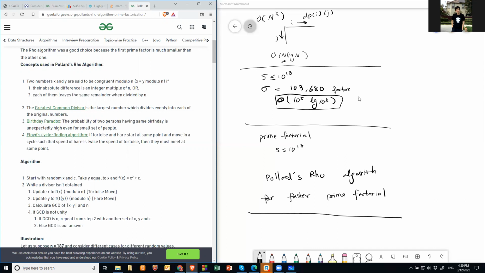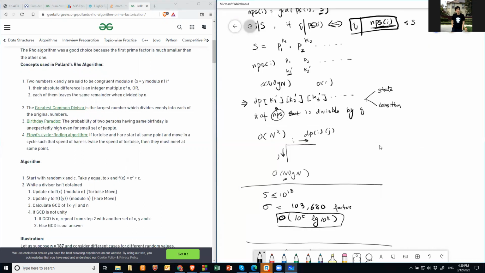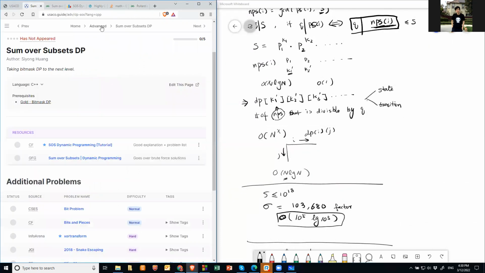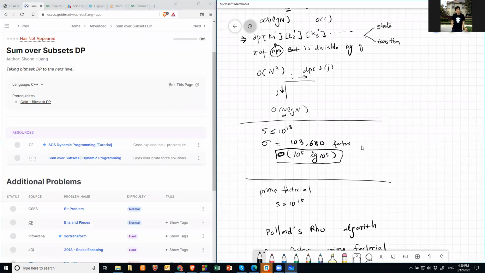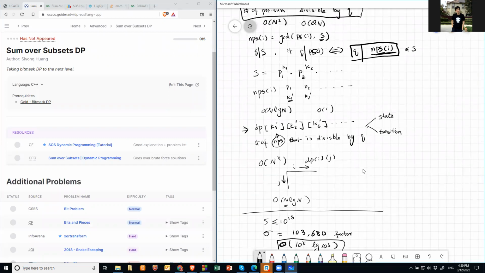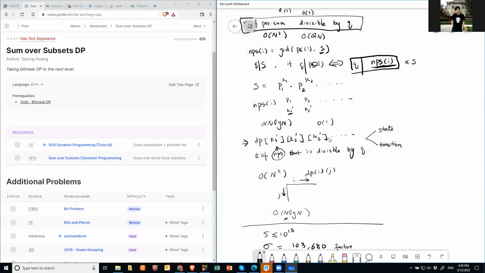So that's the approach. For me the most interesting thing is you've got to study Benjamin Qi's USACO guide, advanced class, sum over subset. So the homework is obviously to implement a combination of 3, let's say, algorithms or approaches.